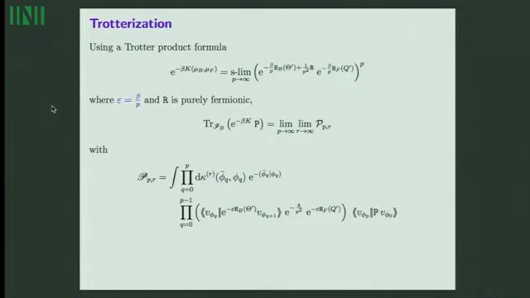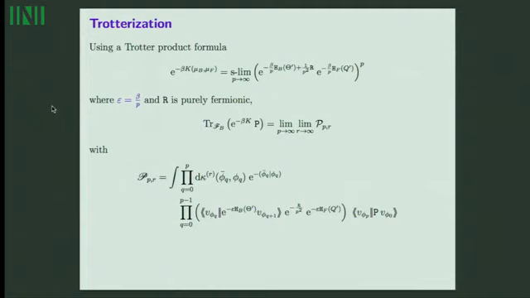It's just the standard thing. You now use this formula because it's strong convergence. The trace can be written as the limit p going to infinity of the trace of this times some observable. And then one just inserts in between each of these two factors the standard resolution of unity, but with a cutoff R. And then you get this formula here.